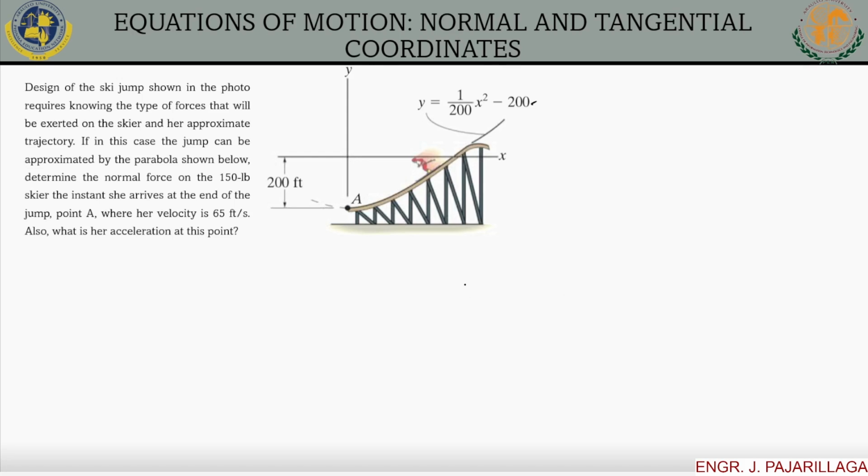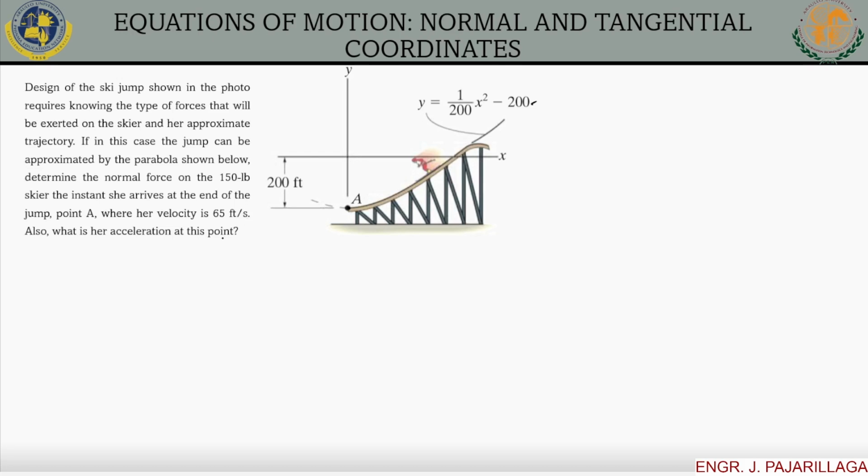Okay? So, ang sabi sa atin is, if in this case, the jump can be approximated by the parabola shown below, determine the normal force on the 150-pound skier, ang bigat naman nito, the instant she arrived at the end of the jump, point A. So, ito yung end of jump, hinahanap sa atin yung kanyang normal force.